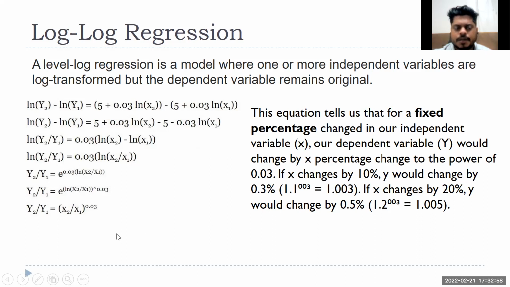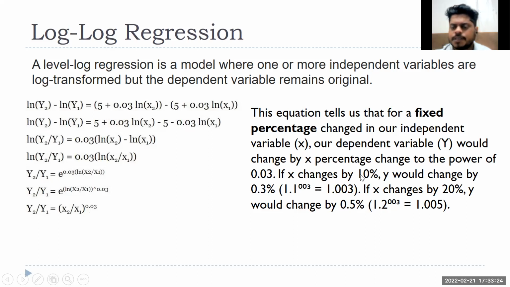So how to interpret that? For each unit increase in x, so x2 by x1, whatever the value is, let's say x increases by 10%, x2 becomes 1.1 x1. So 1.1 x1 divided by x1, that is 1.1 to the power 0.03, right? So that is 1.003.